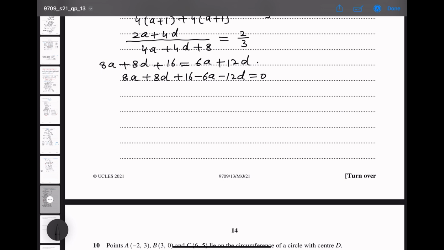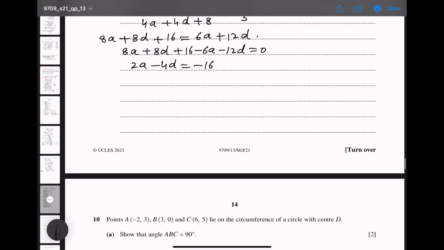Further simplifying, we get 2A minus 4D is equal to minus 16. Dividing both sides by 2, because all the terms are multiples of 2, we finally get A minus 2D is equal to minus 8. From here we make A the subject: A is equal to 2D minus 8. This is equation number 2.